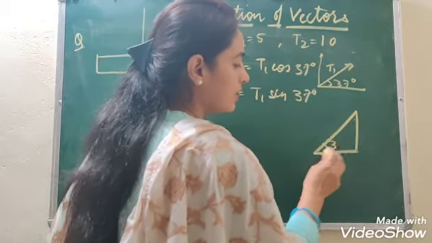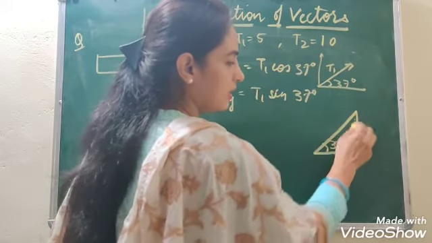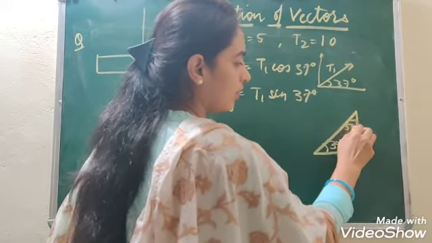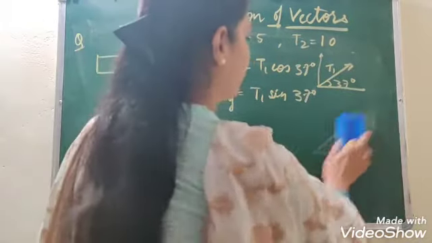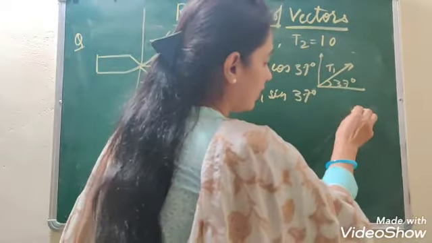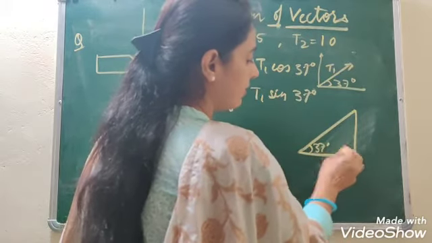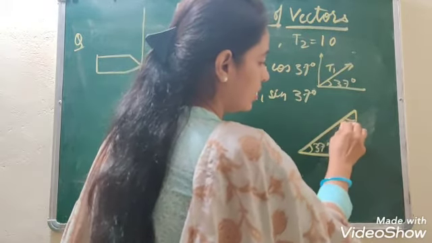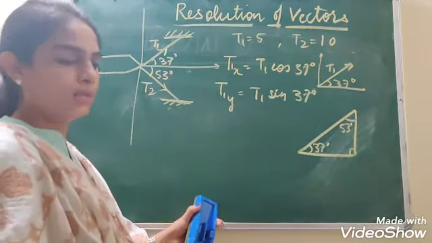So if this is a 90 degree triangle, this is 37 degree, this is 90, this will be 53 degree. I'll draw it bigger. Draw and learn this triangle. 37, 53, 90 triangle this is.